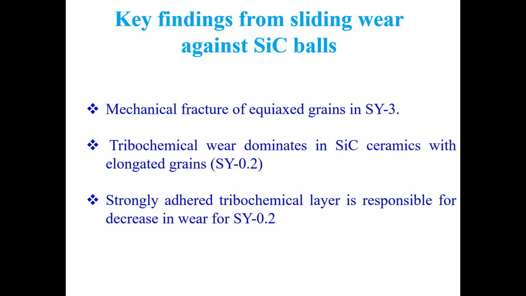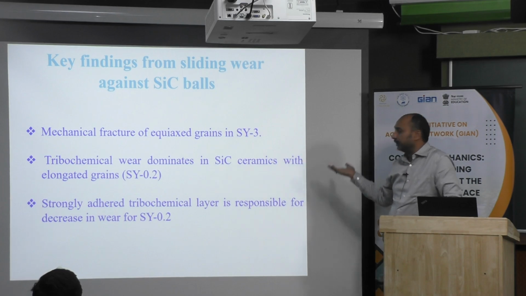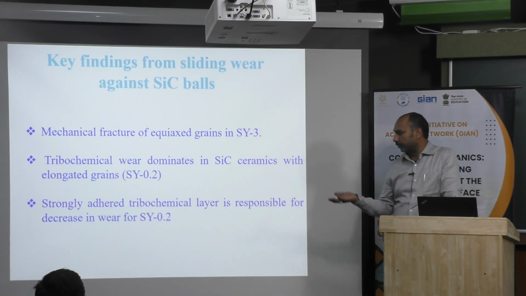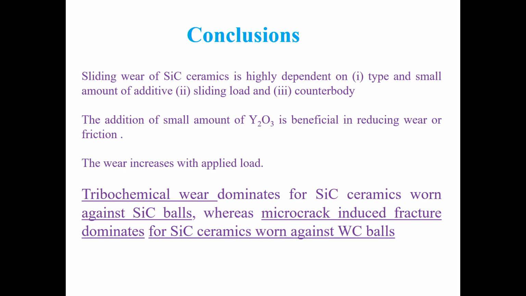So the key finding from here: mechanical fracture is equiaxed for SY3, and tribochemical wear dominates once we go for the SiC counter body, in SY02. And it is the tribochemical release that is responsible for reducing friction and wear for SY.2. Okay, so this is the overall conclusion we have.